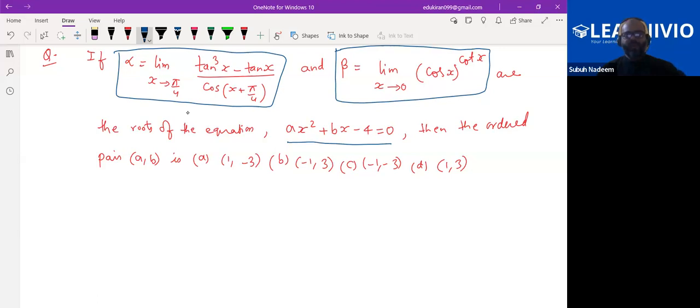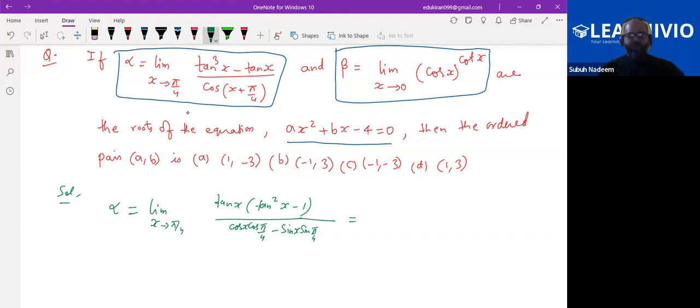You can do one thing: when you find alpha, you can write it as tan x common here and tan square x minus 1 upon cos of x plus pi by 4, which will be cos x into cos pi by 4 minus sin x into sin pi by 4.